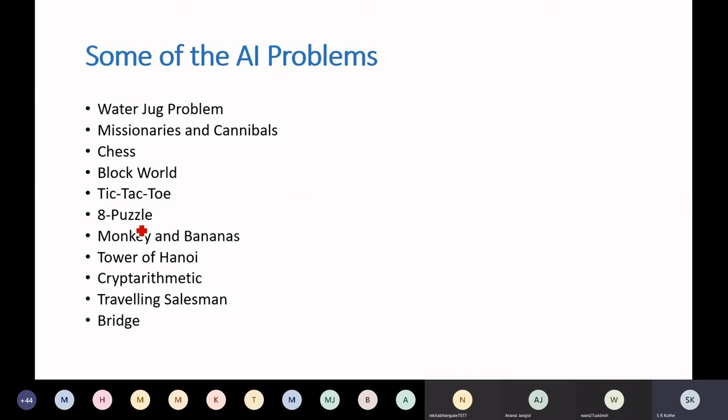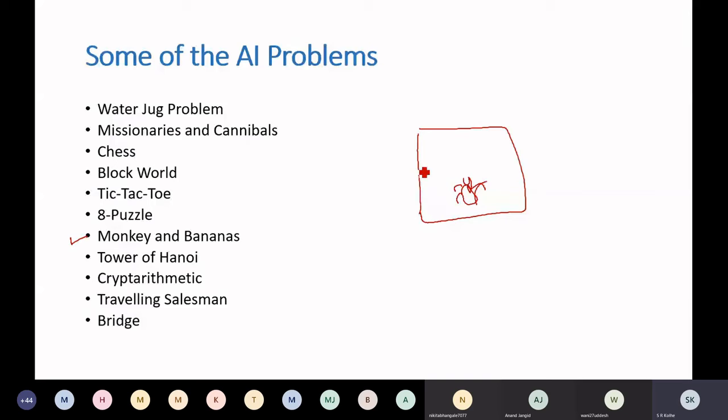Okay. Then there is a problem called monkey and bananas. This is a little bit different problem. Basically this problem is related to knowledge representation in AI and robotics. That's why this problem is important. This problem says that there is a room. In this room, there is a monkey, right?